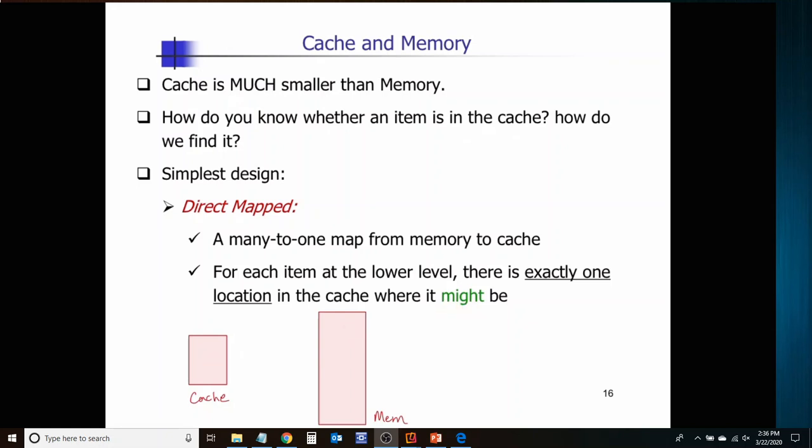So the idea is to have sections of memory mapped to the cache. That gets us our many-to-one mapping from the memory to the cache, and that's called a direct mapped cache.